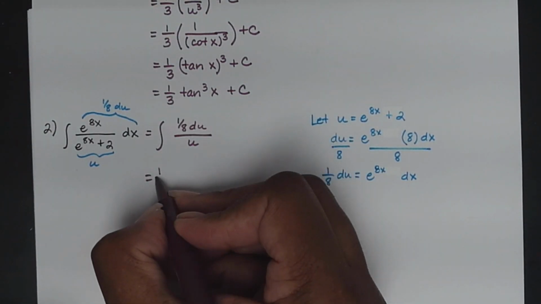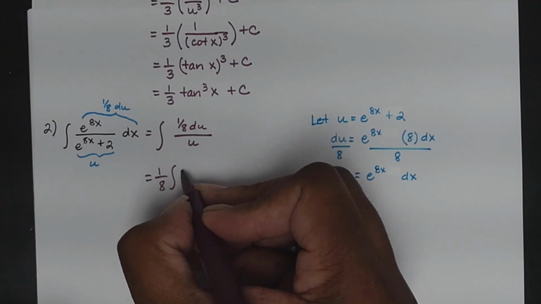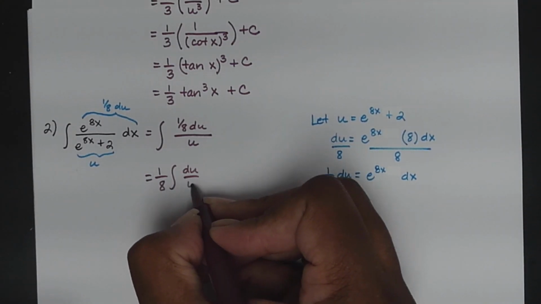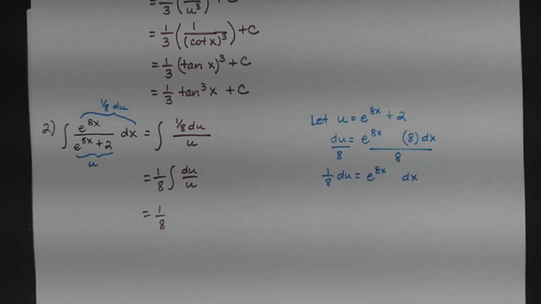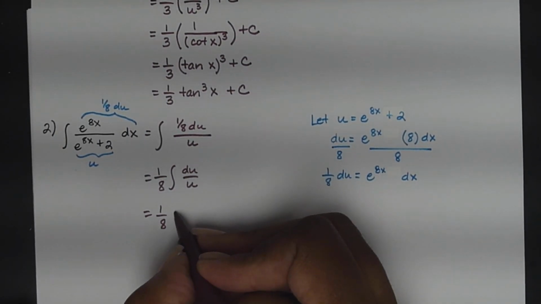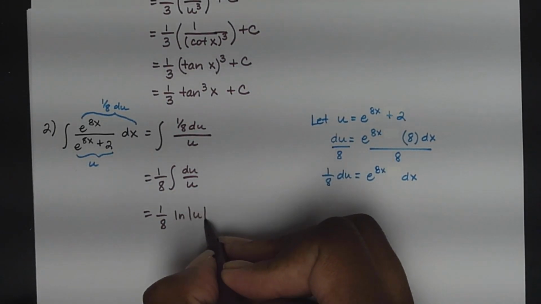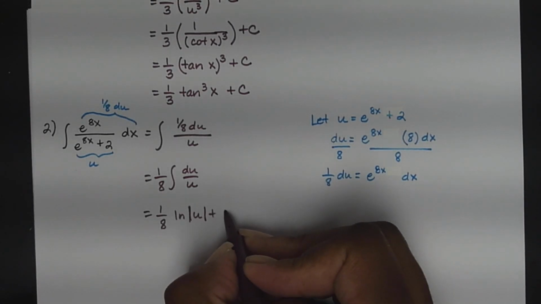The 1/8 will go on the outside, so it'll be 1/8 times the integral of du divided by u. And the integral of du over u would be the natural log of the absolute value of u plus c.